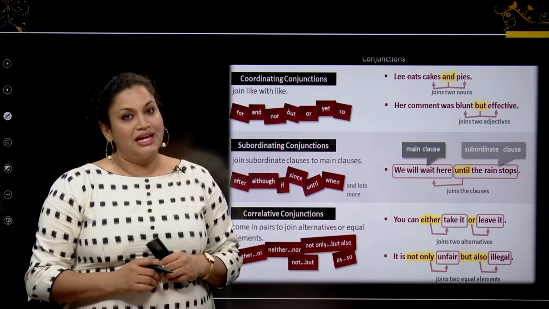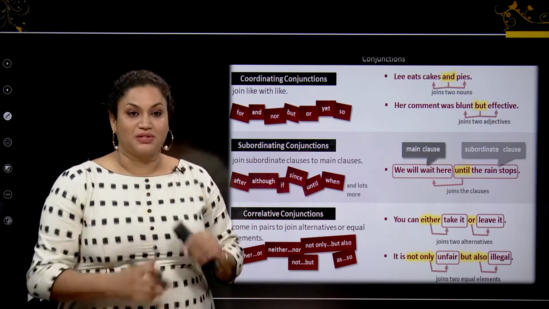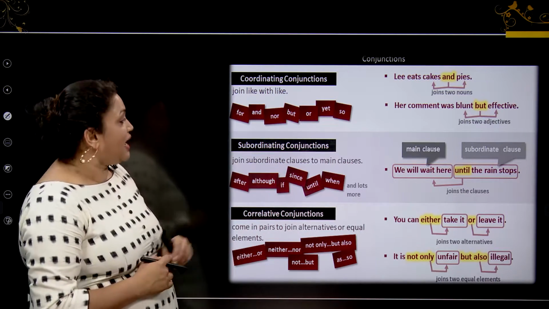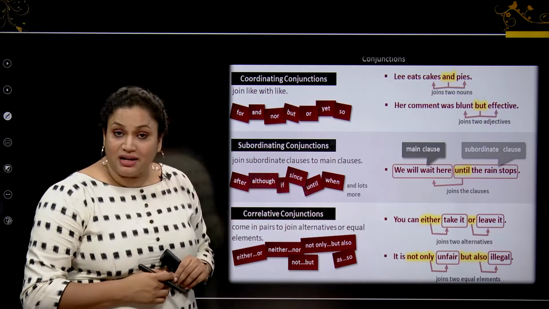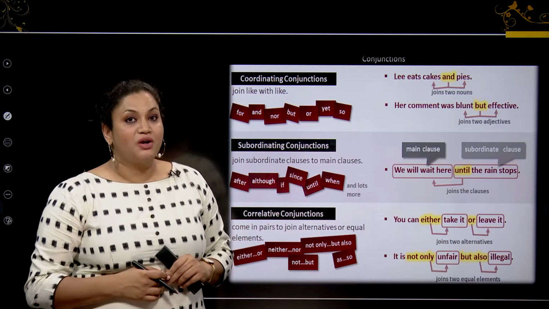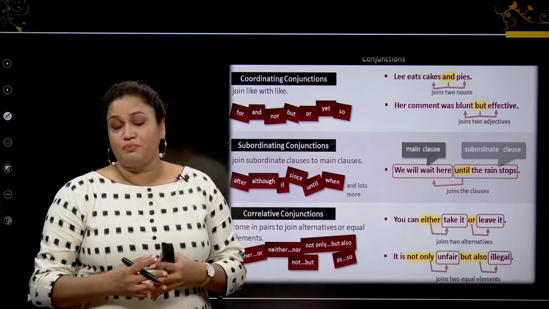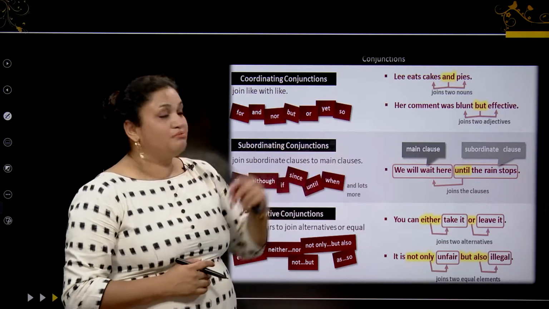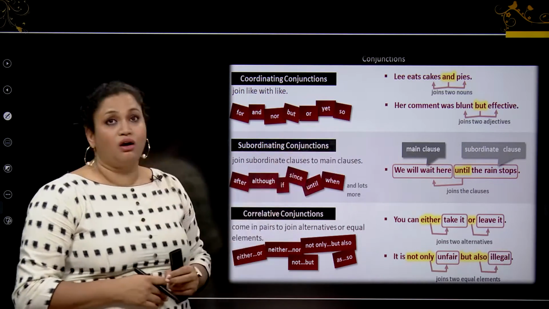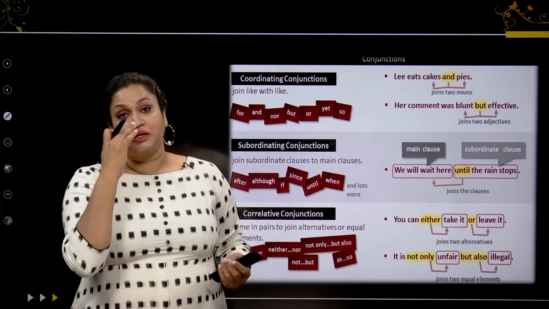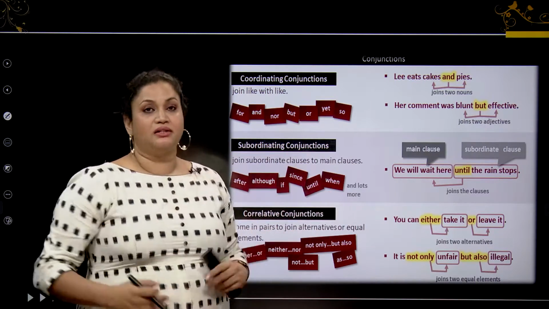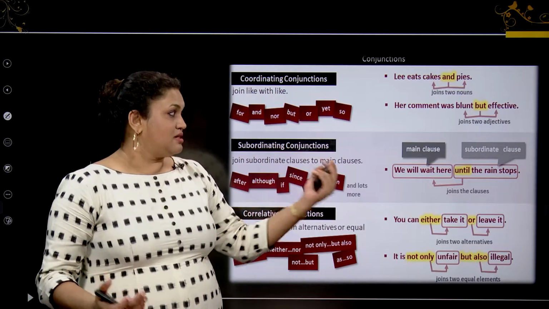You could visit that and have a complete idea about what I'm talking about. Now, coming down to the subordinate conjunctions, you will see these are used at a higher level, where you add the main clause, that is the independent sentence, with the subordinate clause, the dependent sentence.